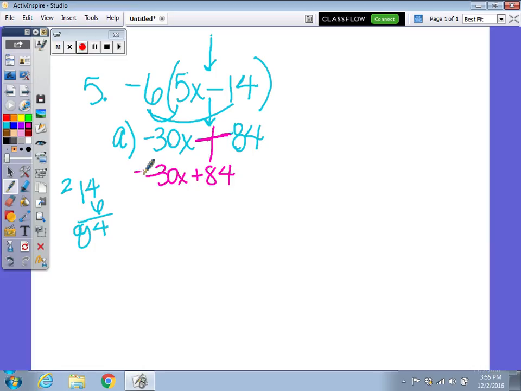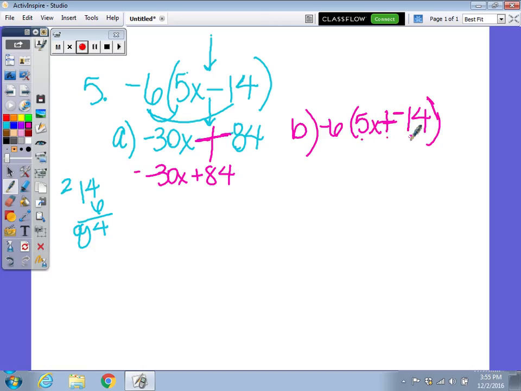Okay? Option B allows you to set it up like this. And this time, your first step will be to change your subtraction sign to plus a negative. Okay? Keep, change, change.